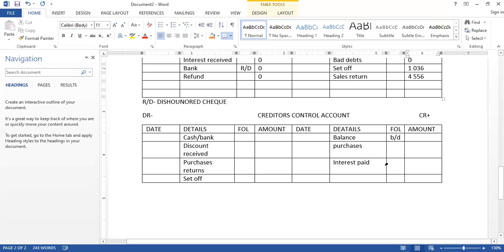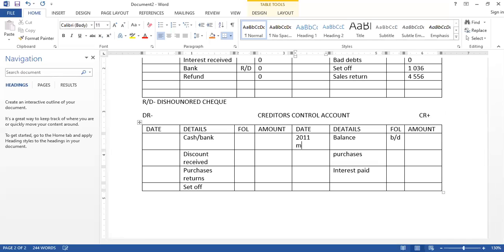The first thing we said is the balance of May the 1st, 2011. So our balance brought down, we are told our creditors ledger balance is 11,874.